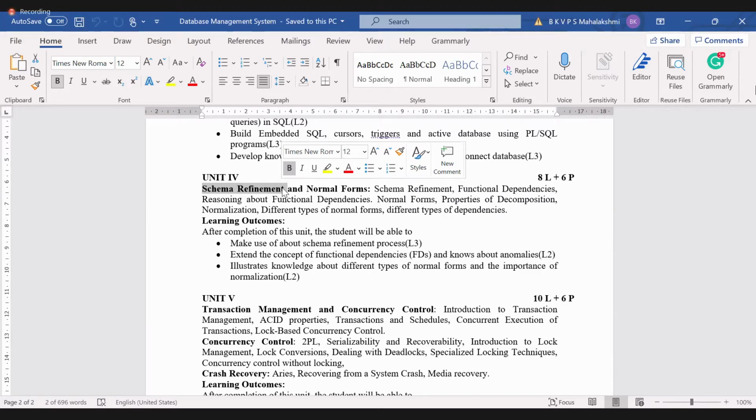But why do we do schema refinement? Because of redundant values. You might get a doubt like, ma'am, if we put integrity constraints on the attribute, then we cannot even give the same redundant record, so we can avoid it using the integrity constraint.